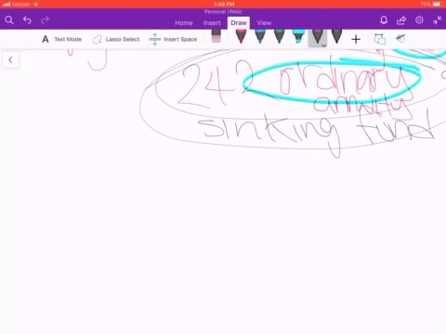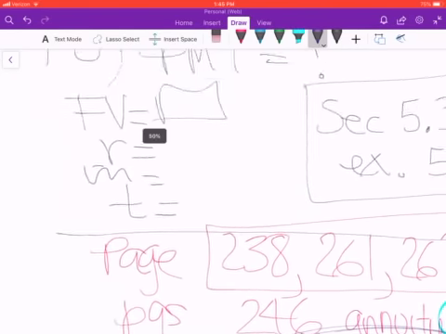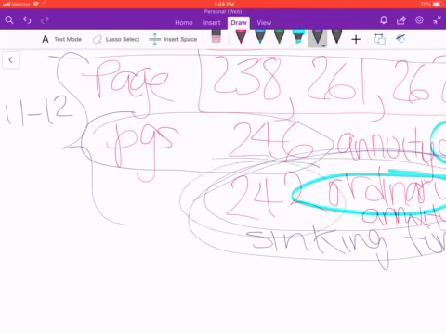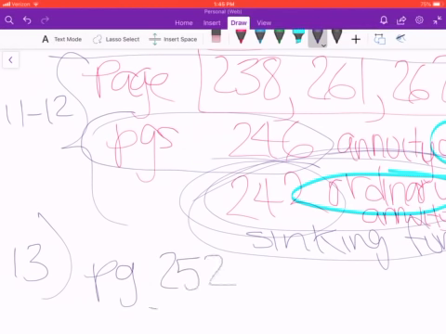Now, from the last problem, so this will cover your problems 11 and 12, this 2 pages, problems 11 and 12. And for the last problem, you can look at page 252, or you can look at the example 1 of section 5.4.